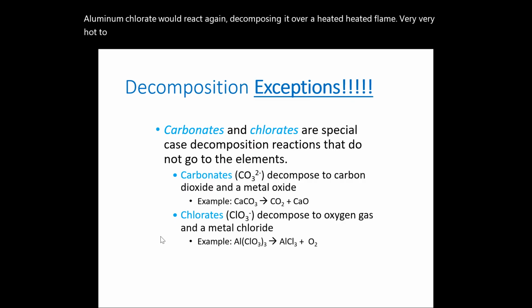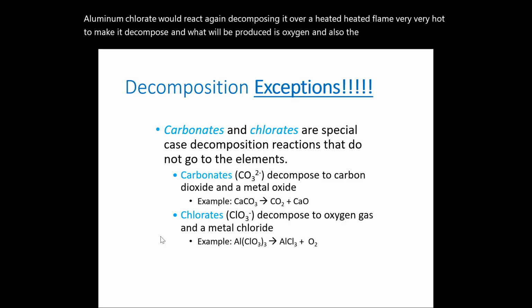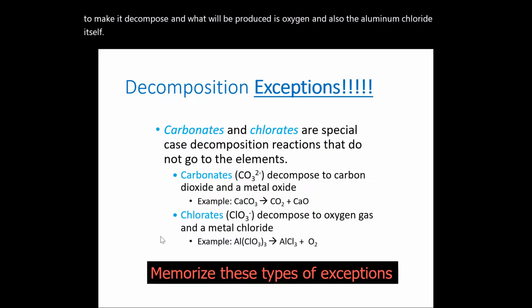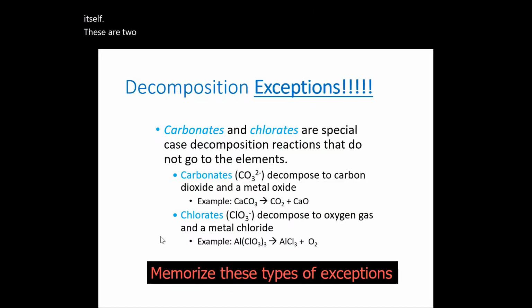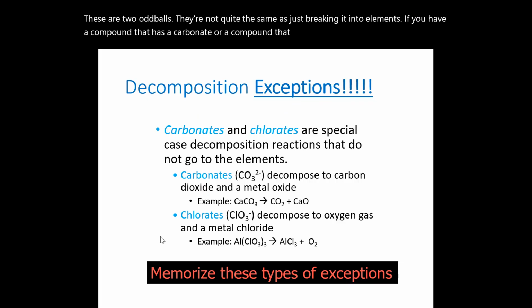And what will be produced is oxygen and also the aluminum chloride itself. These are two oddballs. They're not quite the same as just breaking it into its elements. If you have a compound that has a carbonate or a chlorate in it, you want to consider doing those a little differently.